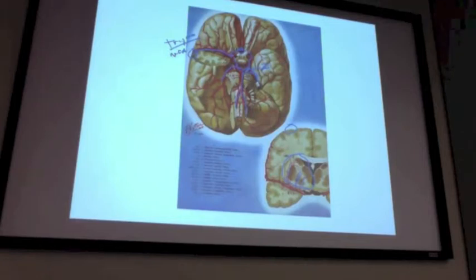And so you have the middle cerebral artery here. It's coming out to the trigone here. And you've got a situation where if you're hypertensive, if your blood pressure is too high, this is a really bad scenario because you're going to possibly have a hemorrhage.